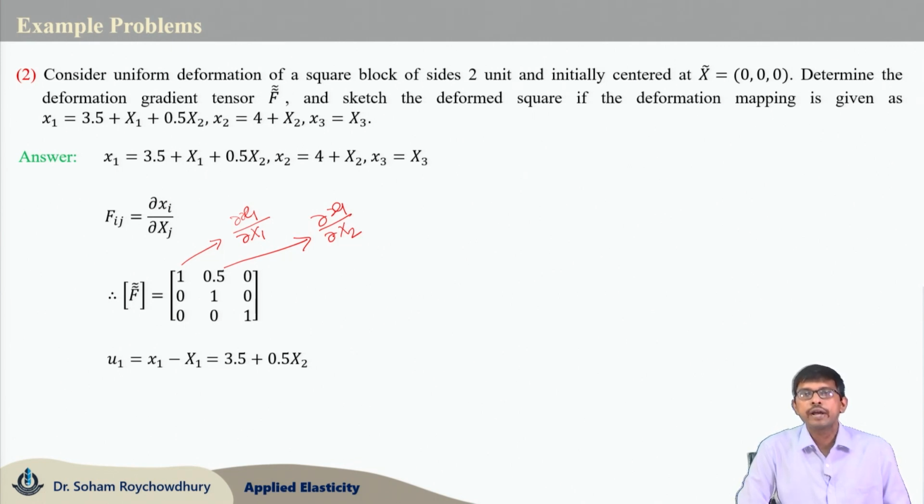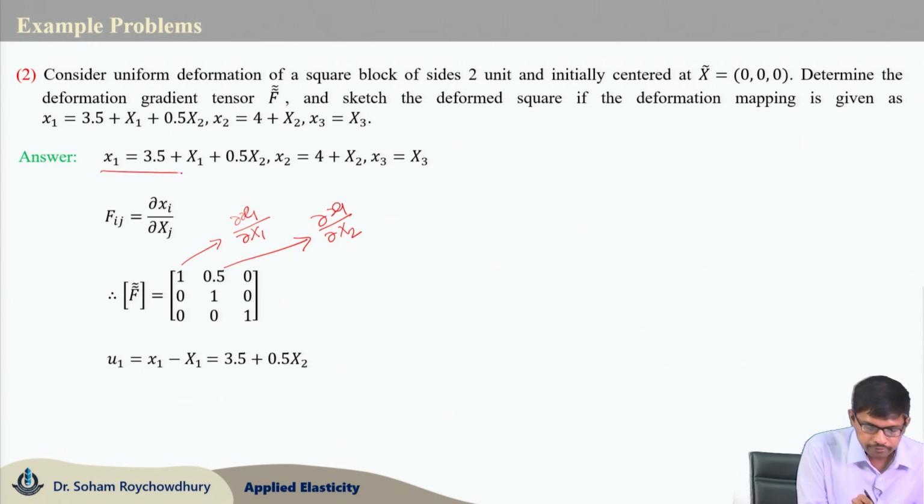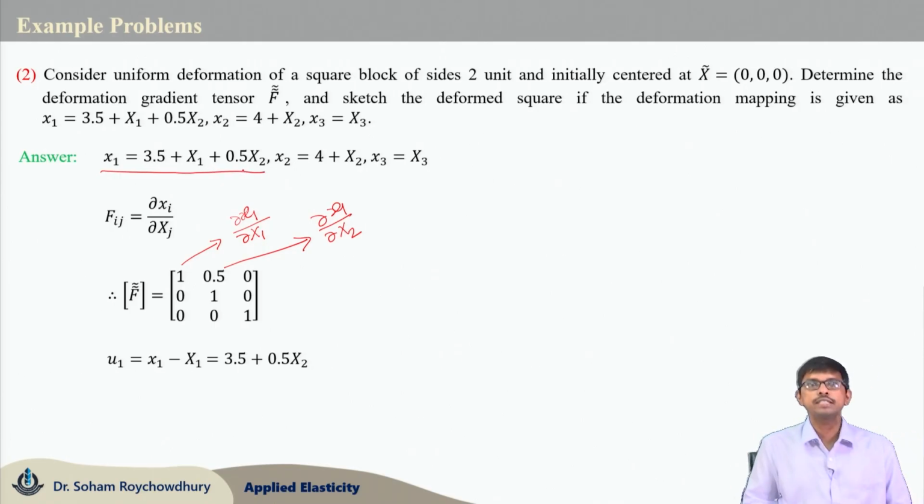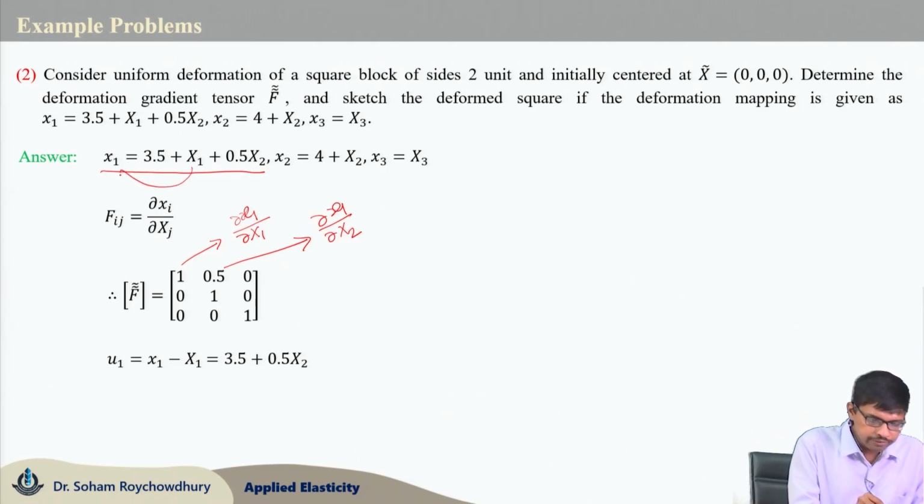Now, coming to the displacement fields, u1 equals small x1 minus capital X1, which equals 3.5 plus 0.5 X2. This can be obtained from small x1 equals 3.5 plus capital X1 plus 0.5 X2, by taking capital X1 to the left hand side.